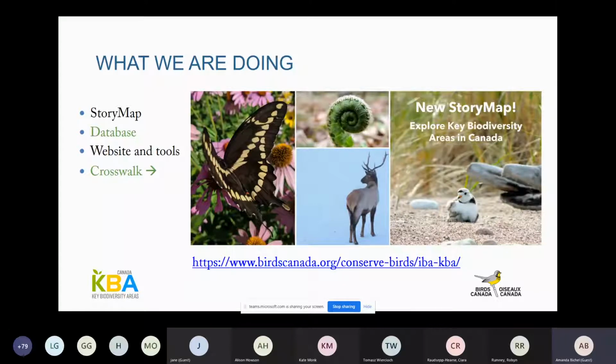With that data, we are developing tools to put on a website, and they will be accessible to the public. They're really cool tools to explore maps, species data, polygons, and all the KBA sites that will be on there. And then Birds Canada is doing the crosswalk, which is what I will talk about for the rest of the presentation.